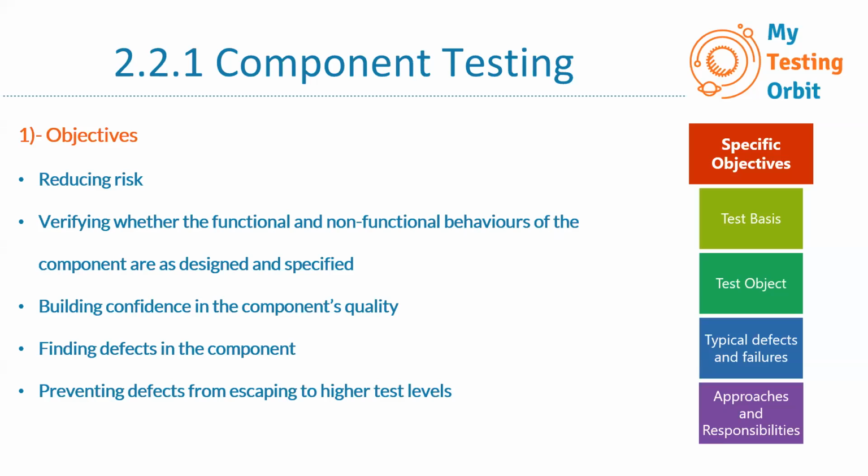By doing this cycle, we are not only finding and fixing the defects, we are also preventing them from escaping to the next level, which is integration testing, which we will do later. So if we find defects now in component testing, there is a lower chance that defects will go to integration testing.